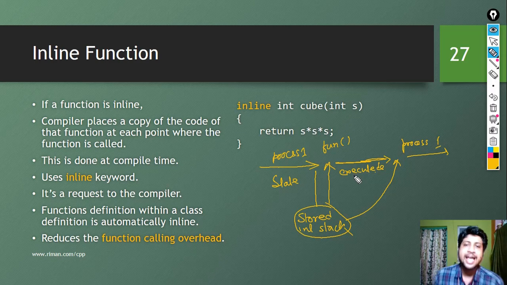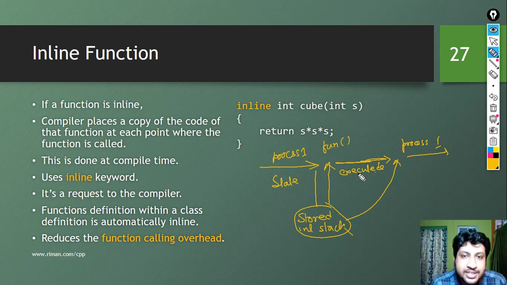Now if we have very small functions, and in that situation the function overhead is very high, then those functions don't serve the purpose of executing the code faster. They actually make the execution slow. For that reason, C++ provides a different kind of function called an inline function.